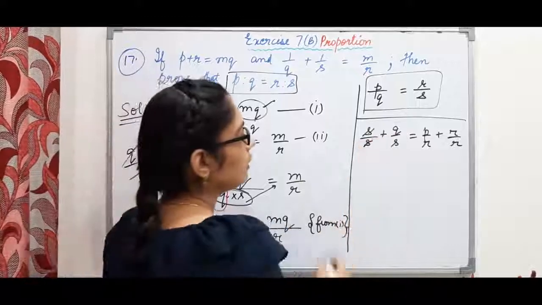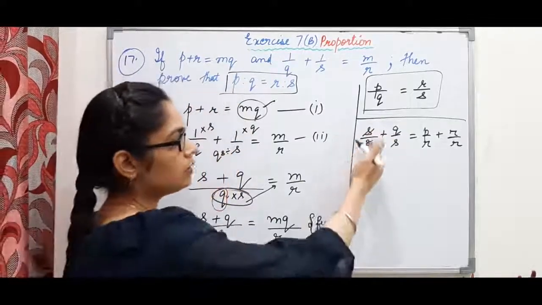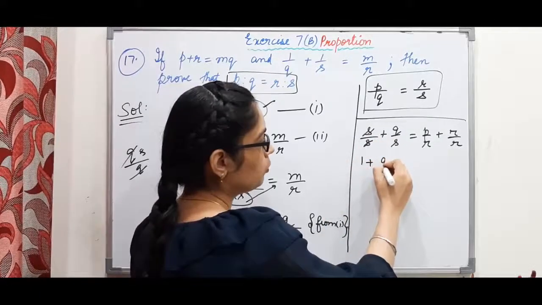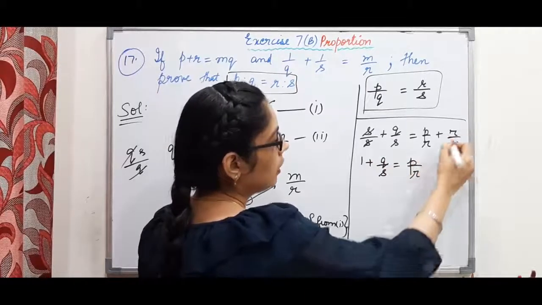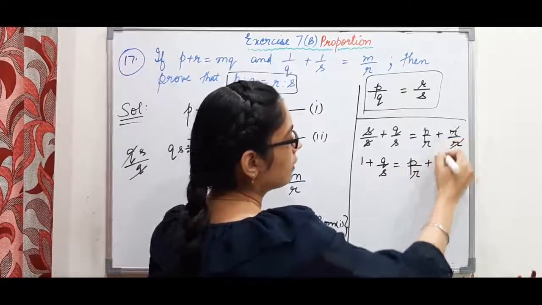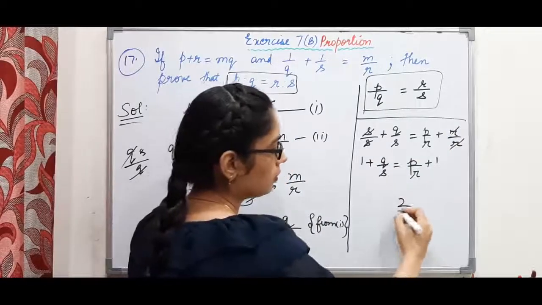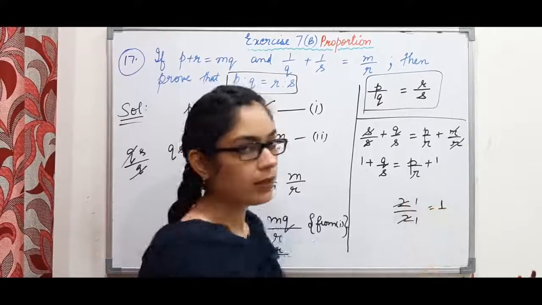Now S and S will get cancelled. I did the separation because these same terms will get cancelled. So 1 plus Q by S is equals to P by R plus R by R, and R by R again gets cancelled, so we are left with 1. Don't write 0, because when the same numbers are divided, like 2 into 1, we get 1 as our answer.